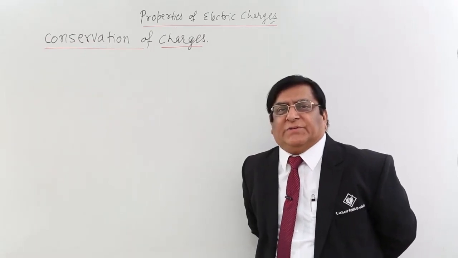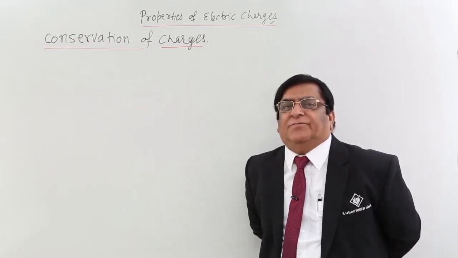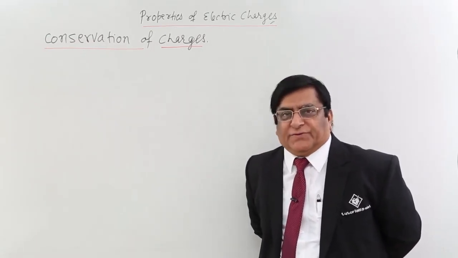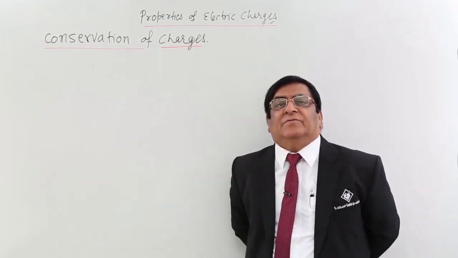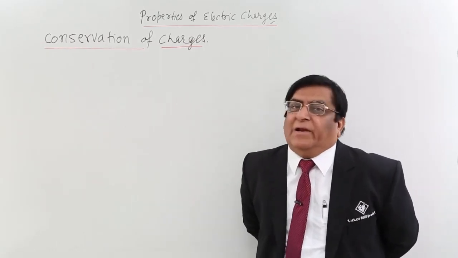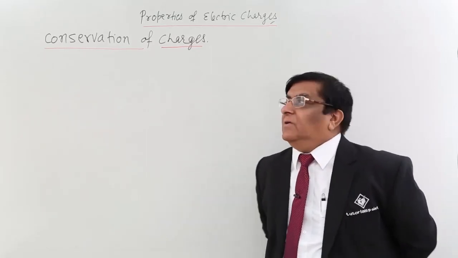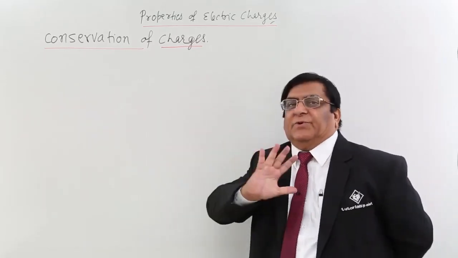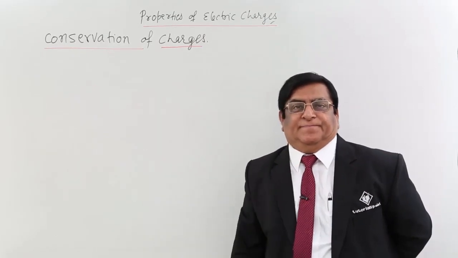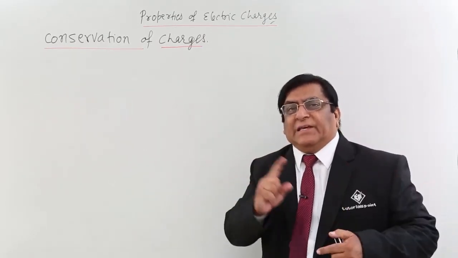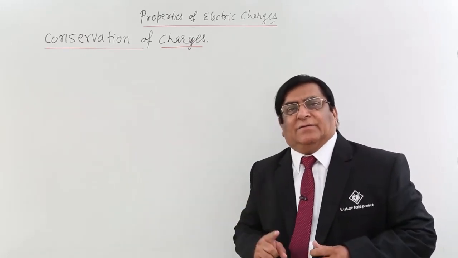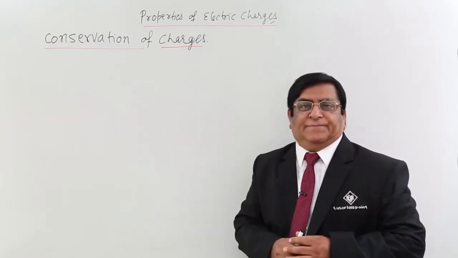In mechanics, you have studied conservation of momentum during a process, conservation of energy, conservation of mass. Similarly, in nature, the total charge of this universe is conserved. That is for the total universe. For any given process, again, the charges are conserved.